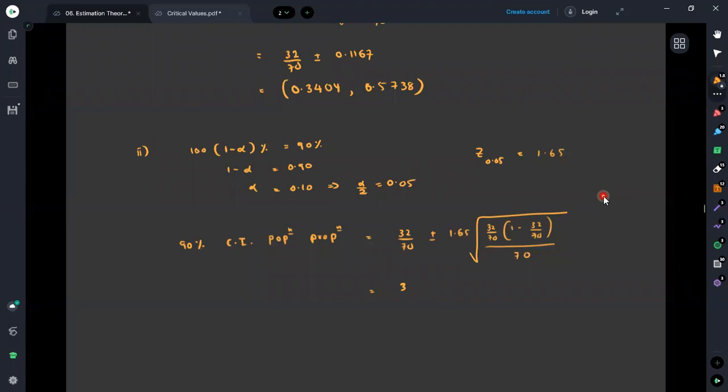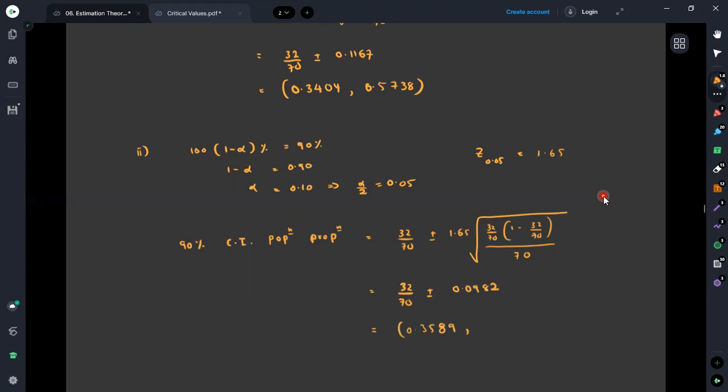We'll get this as 32 over 70 plus or minus 0.0982. Then we can add and subtract the values. Then it can be taken as 32 over 70 minus the quantity, and we'll get it as 0.3589.